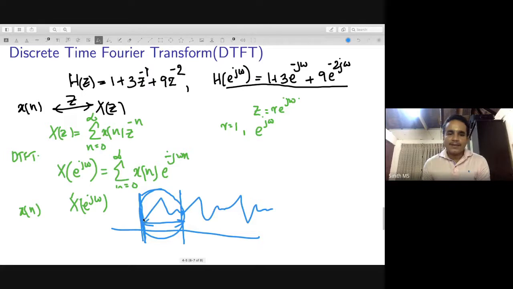Now we know that if you have a continuous signal, we don't need all the continuous portion of this. That's how we came to the sampling, right? Similar to that, we are not concerned about all the values in this discrete time Fourier transform.